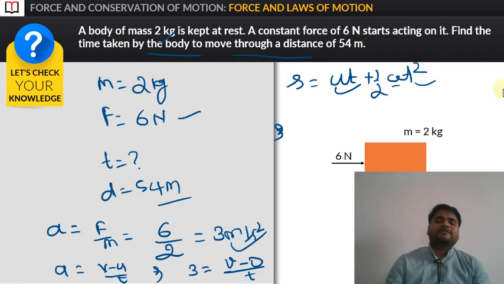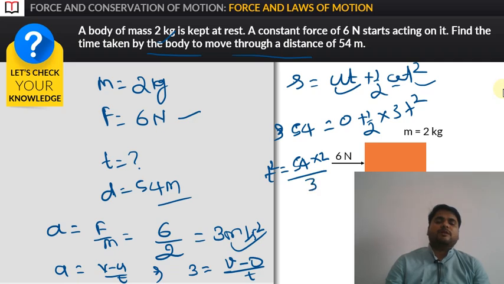Substituting the values, 54 is equal to 0 plus 1 by 2, value of a is 3, into t square. Doing the calculation, t square is equal to 54 into 2 upon 3. So t will be 6 seconds. The object will cover 54 meter in 6 seconds.